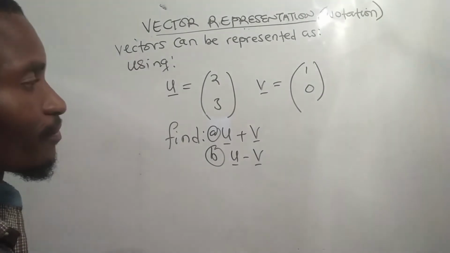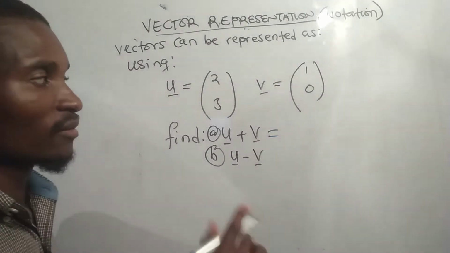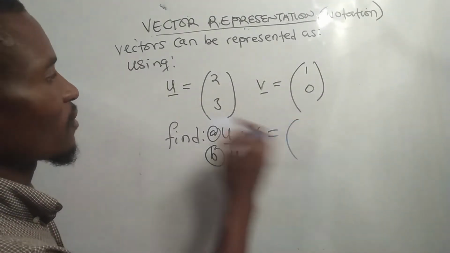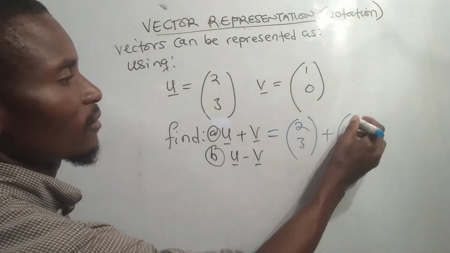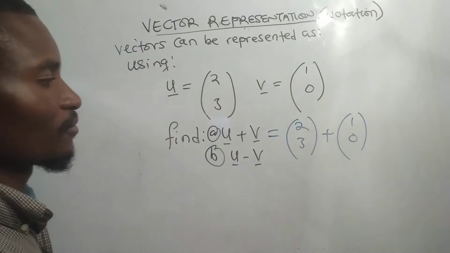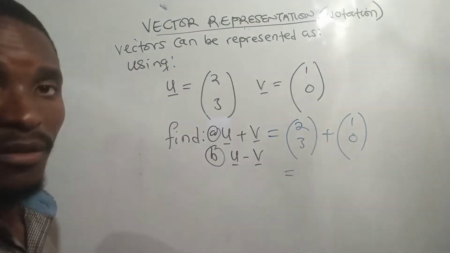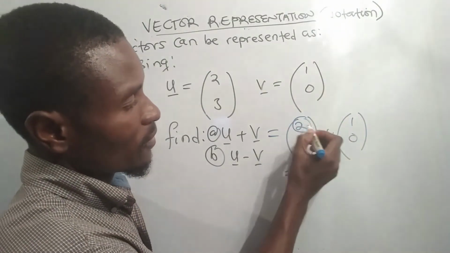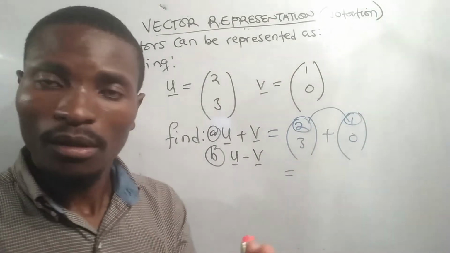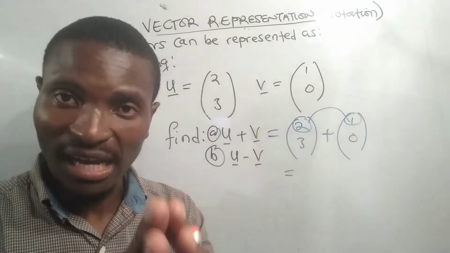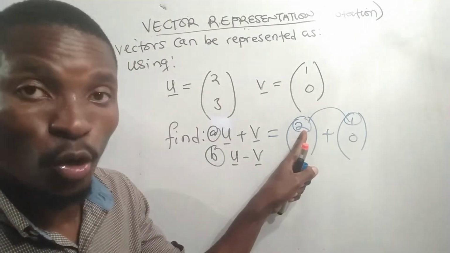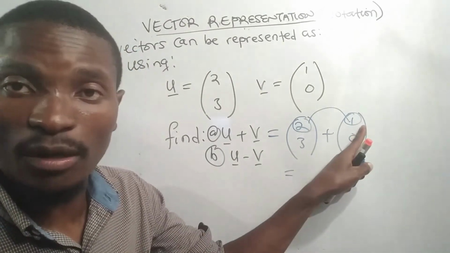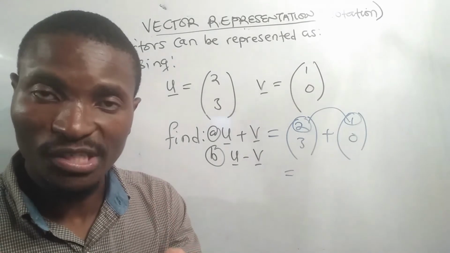So under this one, you can say this is u, (2, 3). Then this plus what is on top, you add them together, and what is at the bottom, you add them together, because this is the horizontal movement and that is also the horizontal movement, so we can put them together.